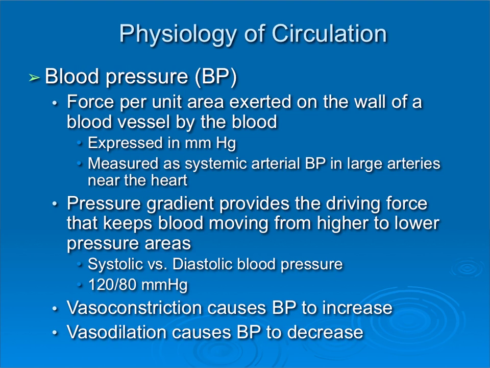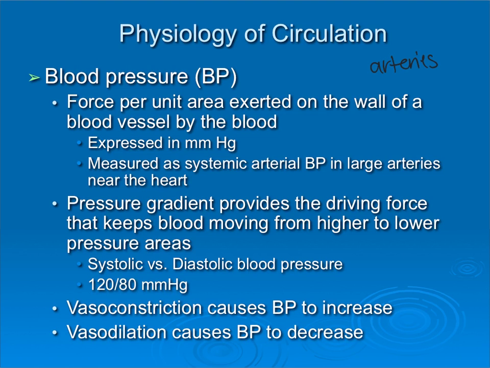And typically when you're just talking about blood pressure, you're assuming we're talking about the arteries, the largest of the arteries closest to the heart. We can talk about blood pressures of capillaries and veins, but at this point in 2404, we do not get that detailed. Okay, if you take ANP2, we definitely talk about those different pressures as well. Okay, so again, we're going to assume when you hear blood pressure that we're talking about those in the arteries.